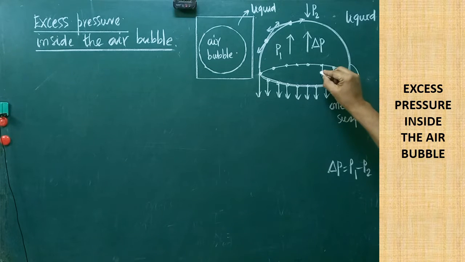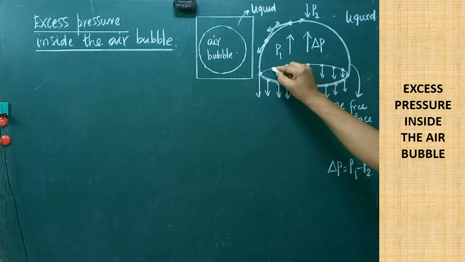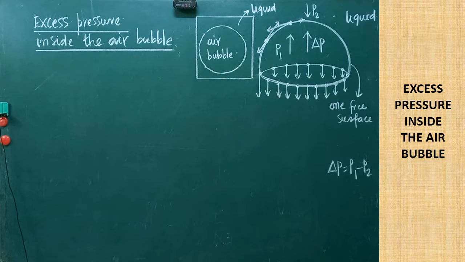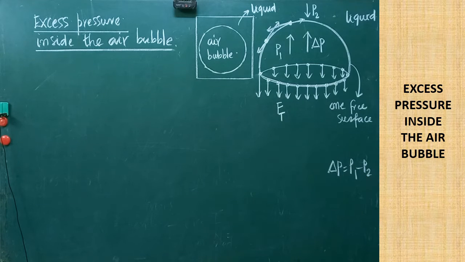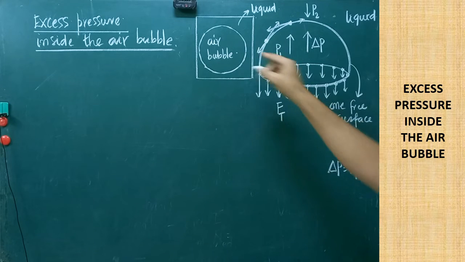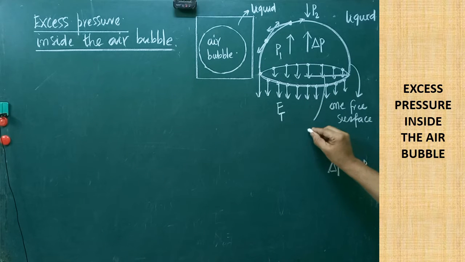Are you clear? All are due to surface tension. And here the radius of the air bubble can be taken as capital R.